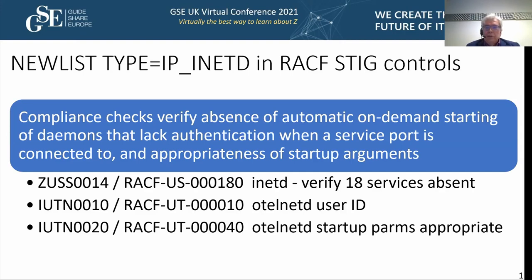So it listens for certain services, and there's a table in the system where the services are linked to a specific port number. This is the below 1024 ports. And if somebody then tries to connect to it, then INETD would start the daemon with the parameters that are specified in the INETD configuration file.